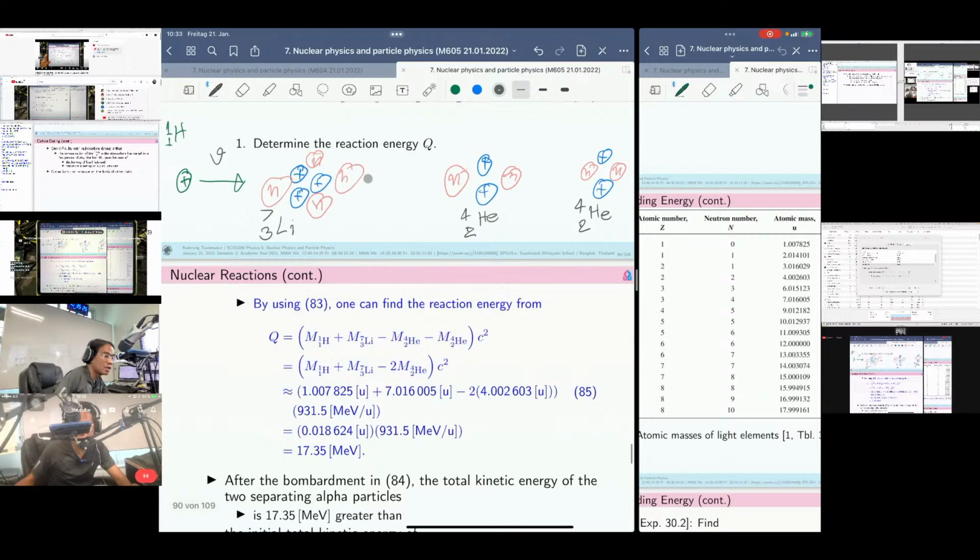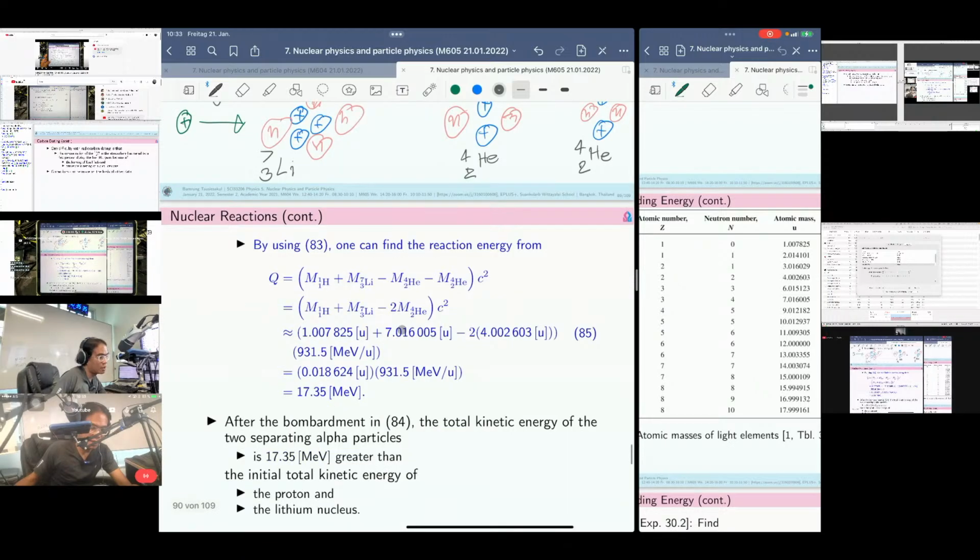But anyway, after the bombardment, after the calculation, we find that the mass difference is positive, so the released energy should also be positive, and the summation of the kinetic energy of these two particles should be greater than that one on the left hand side.